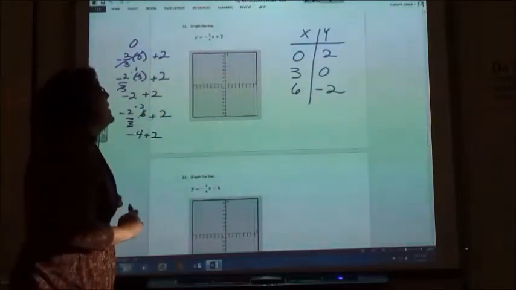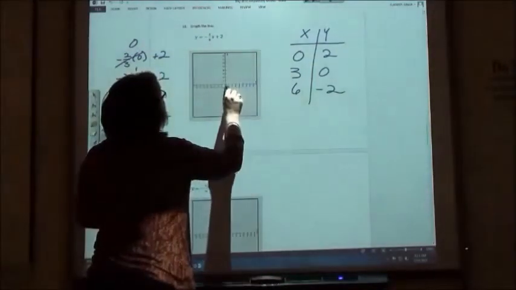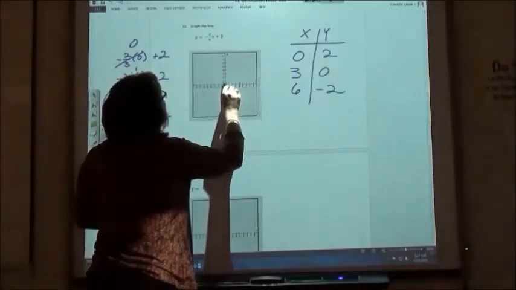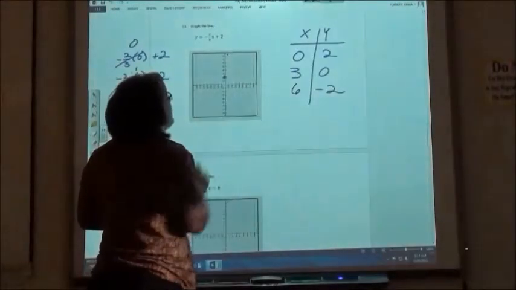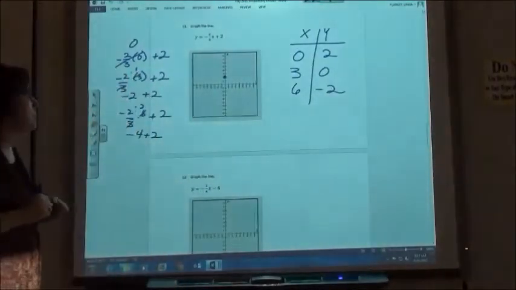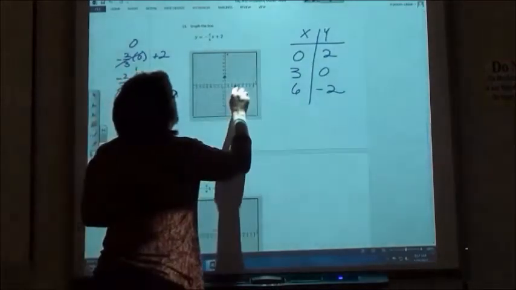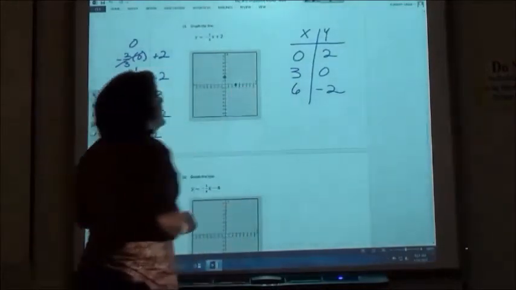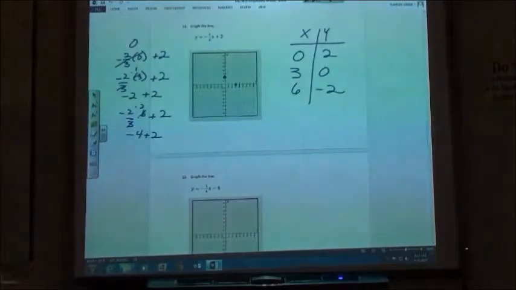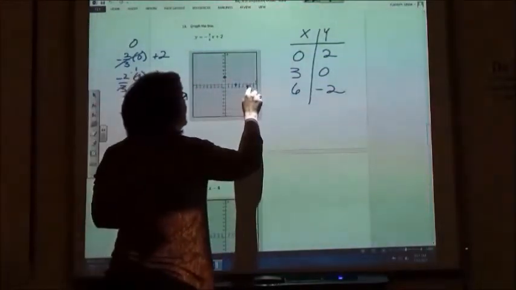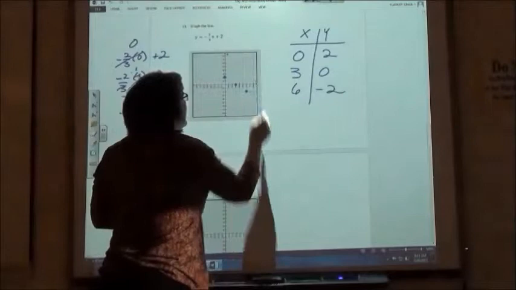Where would (0, 2) be? 0 and then 2 up. That's my y-intercept. Then (3, 0): 3 over, and up 0, right there on the 3. Then 6 over and down to -2.